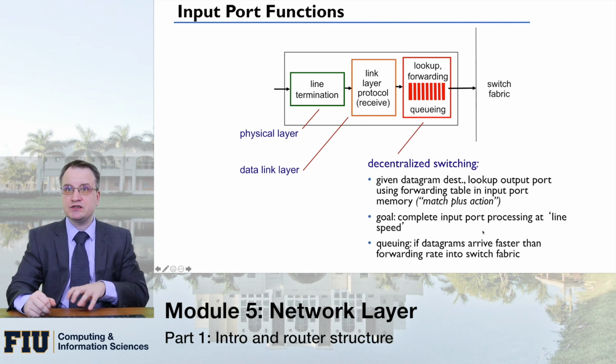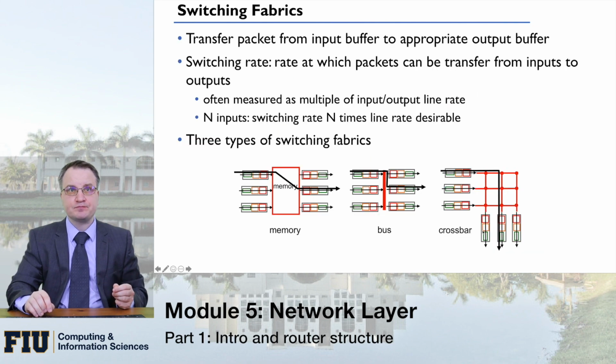So the port may decide where to forward and deliver to the switching fabric for further delivery. Or this decision can be offloaded to the CPU, and then the CPU will decide where to forward. But one element that probably exists in most implementations is at least queuing, because you may need to do some kind of queuing on the input part.